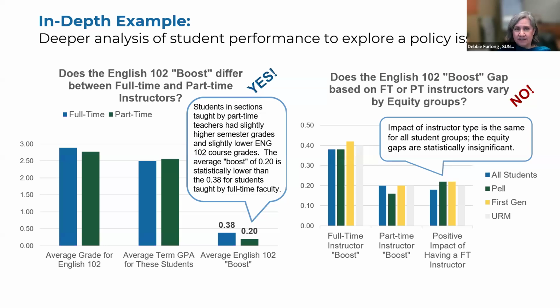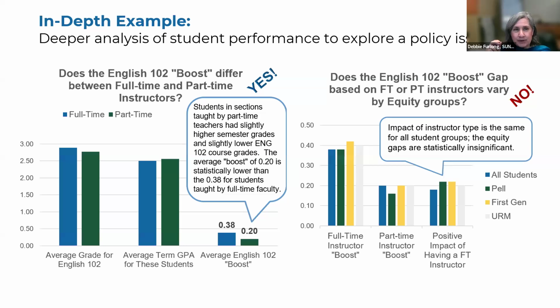If the boost is significant, I would hope that it would not differ by the fact of the student being a low-income student or being an underrepresented student. Sometimes when we see biases like this, they get exacerbated by students who bring in other risk factors. So that's what the graph on the right-hand side looks at.